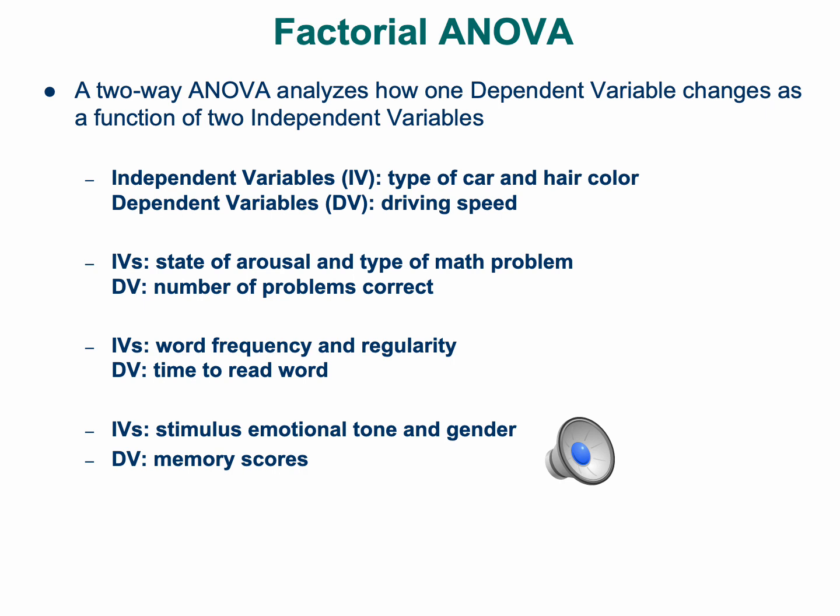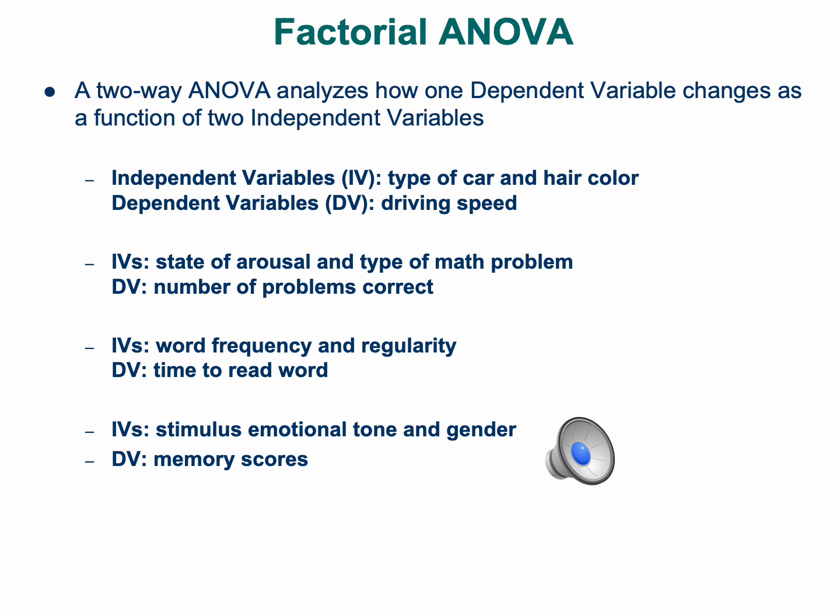So here's an example. The independent variables are the type of car you drive and your hair color. Your dependent variable will be your driving speed. So an investigator in this situation wants to find out if type of car and hair color interact to produce a difference in driving speed.